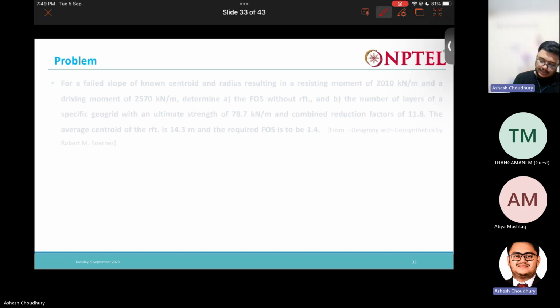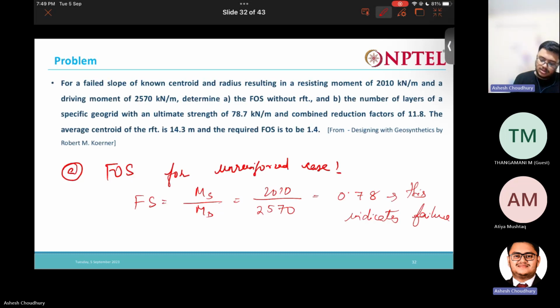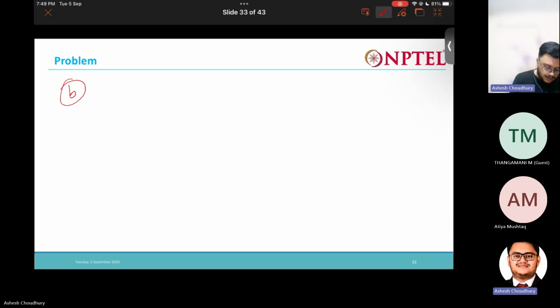Now, see, the ultimate strength is 78.7. The combined reduction factor is 1.8. So let us determine the allowable strength.